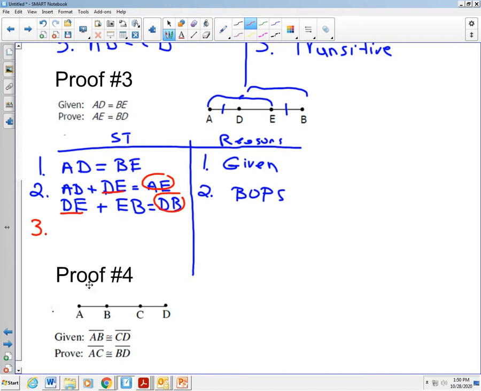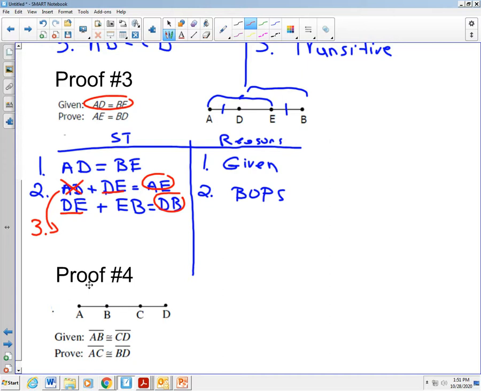So what I'm going to do is cross out AD, and what can I replace AD with? Okay, think what's given. What can I replace AD with? Segment AD can be replaced with BE. Okay, over here. So I can cross this out, and step number 3 will follow from here.